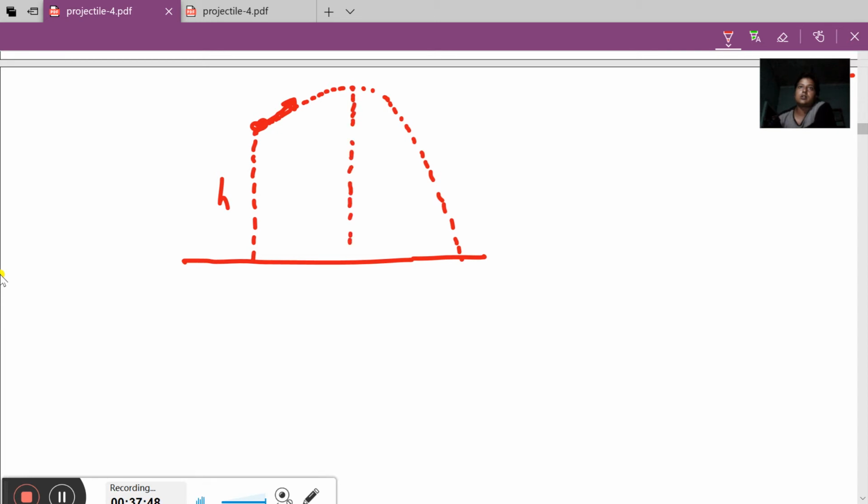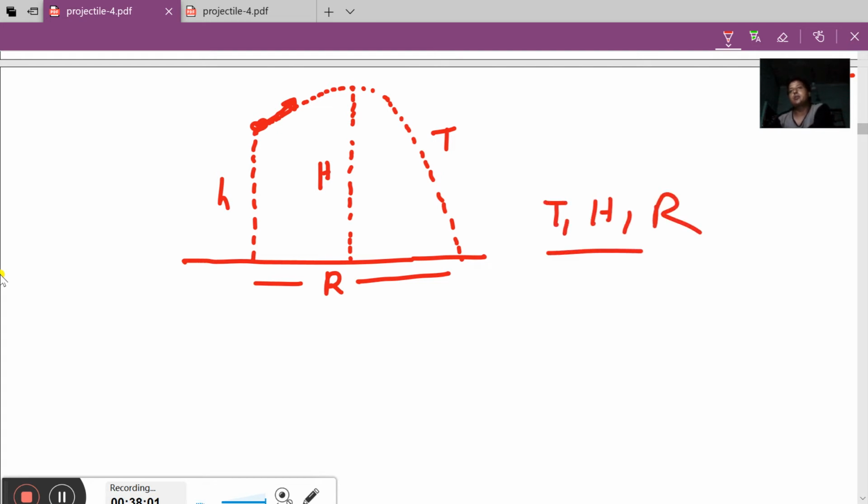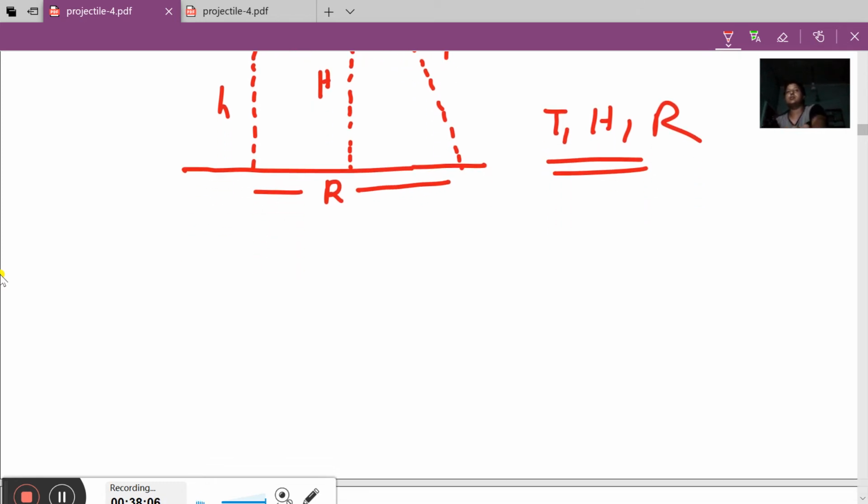This height is the greatest height, and this is the greatest horizontal displacement, the range. And suppose t is the time. We have to calculate t, h and r: time of flight, greatest height and horizontal range.